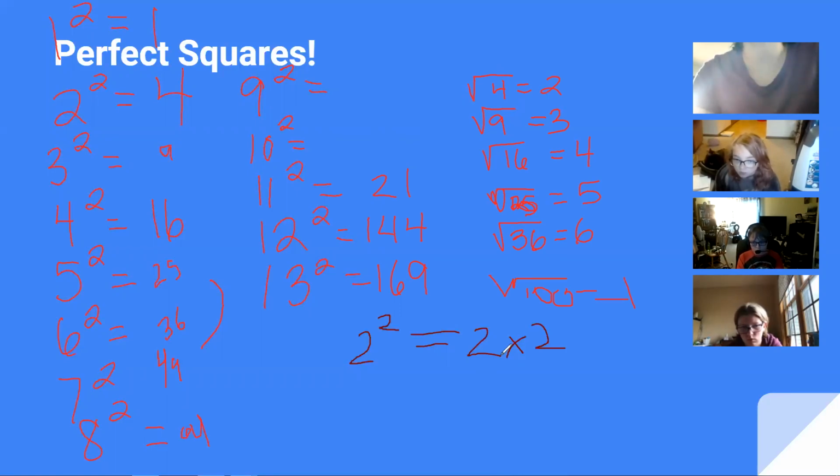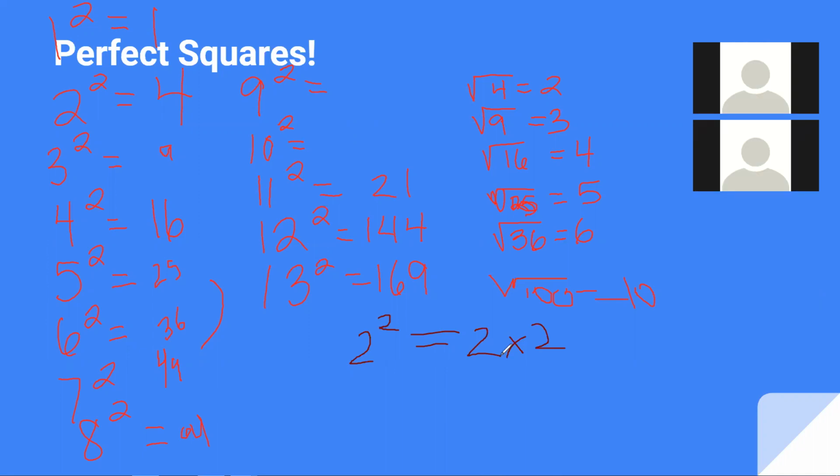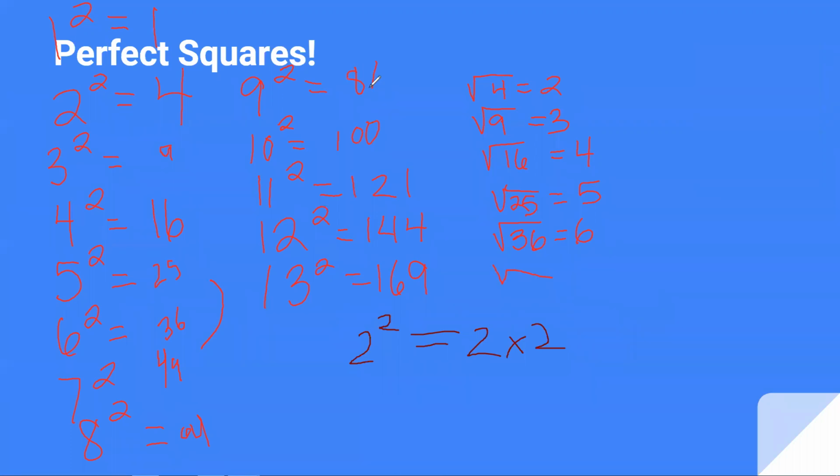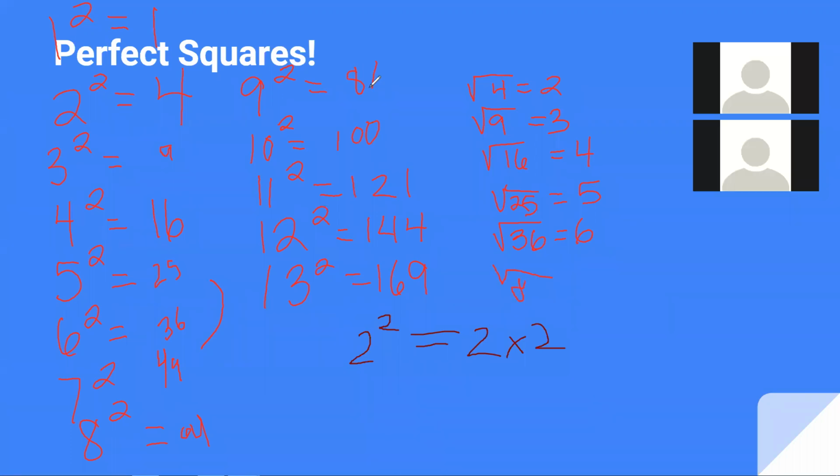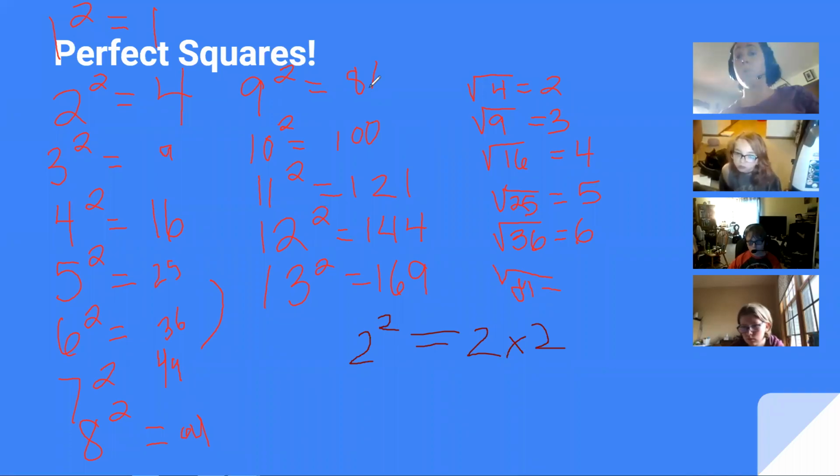Yeah, either way you choose to write them down would be great. Yeah, 121 does not seem like what it would be, but that is. That's a common one. So take a second and get those written down because we're going to use those to make simplest radical form.